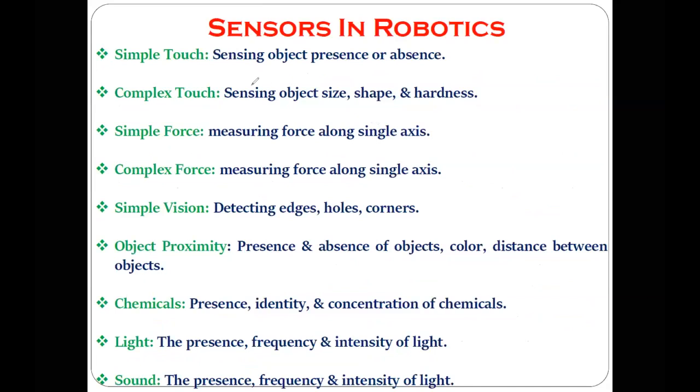Likewise, there are different kinds of sensors available, like sensors to know whether some object is present or not. Regarding that, there are simple touch sensors available in the market, and then complex touch sensors. A simple touch sensor can just give you the idea whether an object is present or absent, but a complex touch sensor can give you the idea about the size, shape, and hardness of the object also.